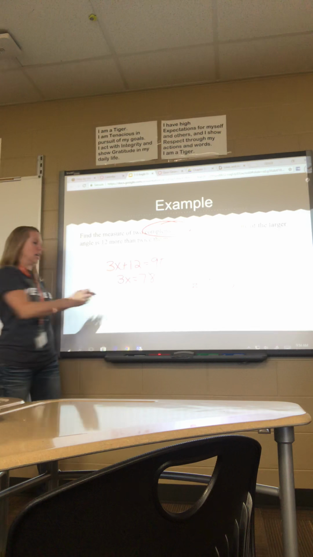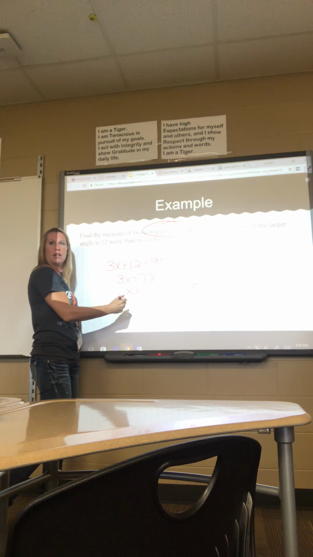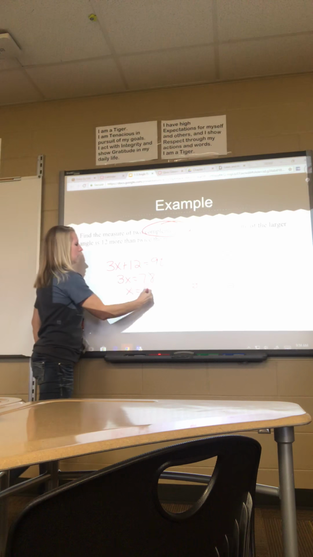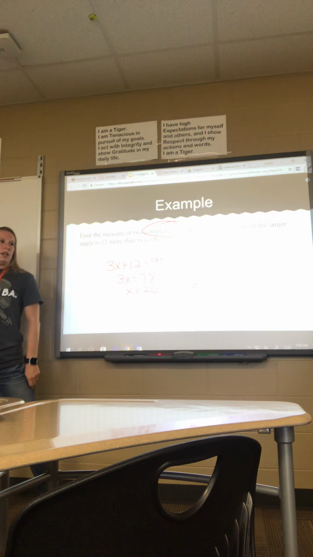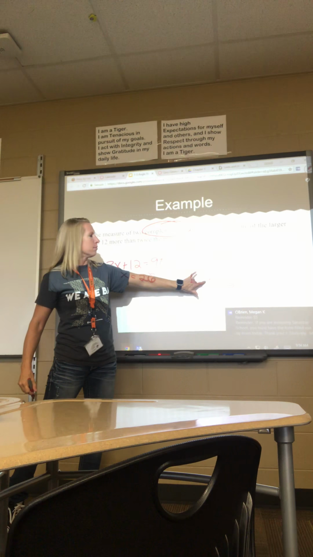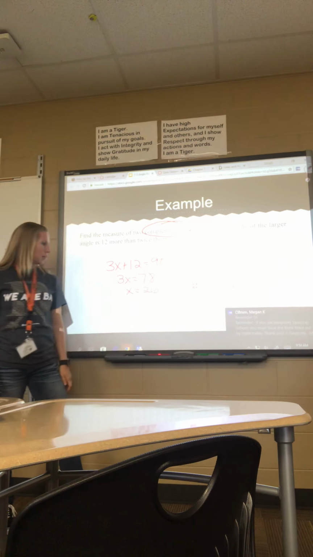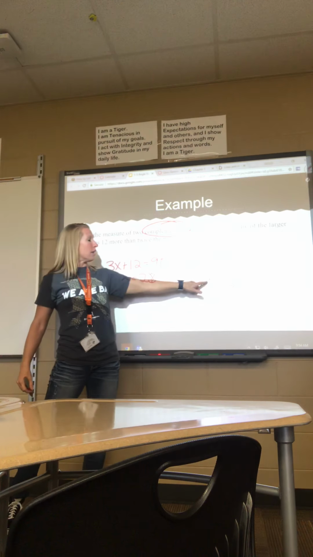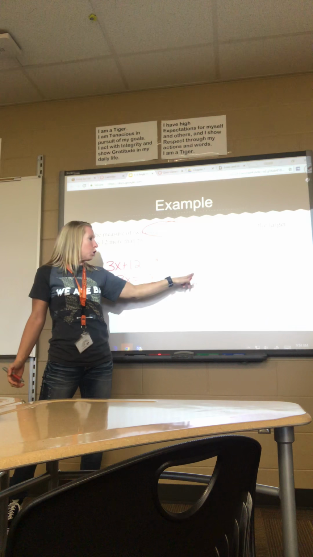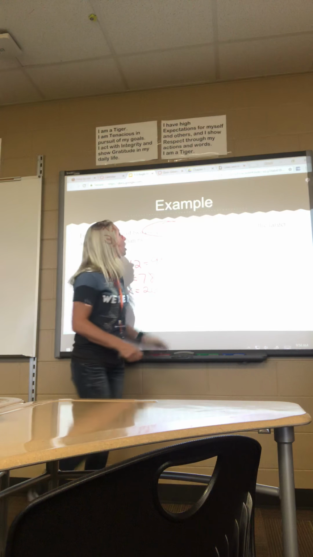Divide by 3. What's 78 divided by 3? 26. So one of the angles is 26. The other angle is just 90 minus 26. Or you can do 2 times 26 plus 12, which is 64.